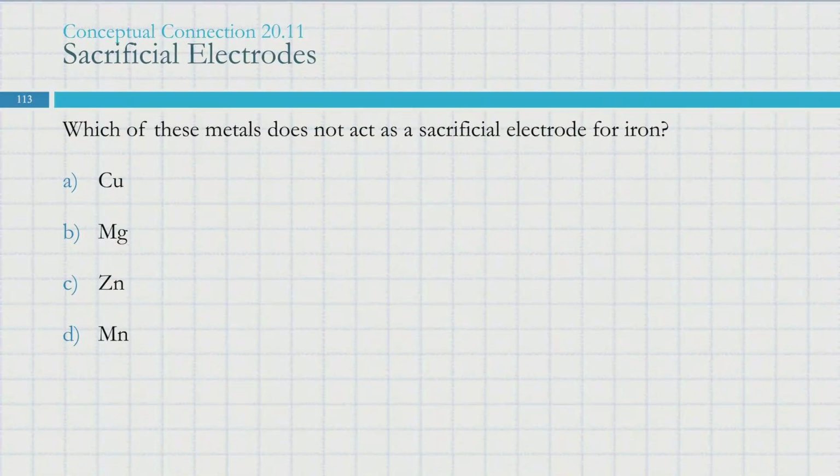This is a question that we can answer if we had a standard reduction potential table. Which of these does not act as a sacrificial electrode for iron? Our options are copper, magnesium, zinc, manganese. This is probably more easily answered if you've got a standard reduction potential table, but we can maybe make a guess.